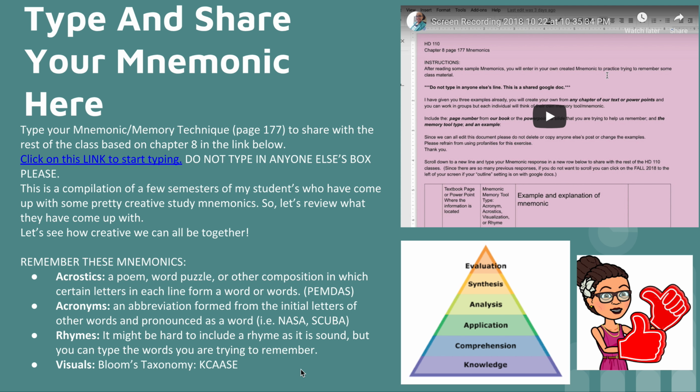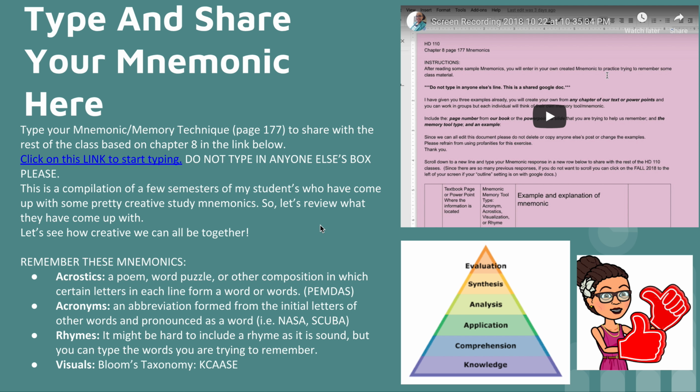If you saw the picture without the words on it, or if you saw the letters KCAASE, you could study that and remember knowledge, comprehension, application, analysis, synthesis, and evaluation. You would know that you were talking about Bloom's taxonomy, and then you would remember what each of those levels meant.